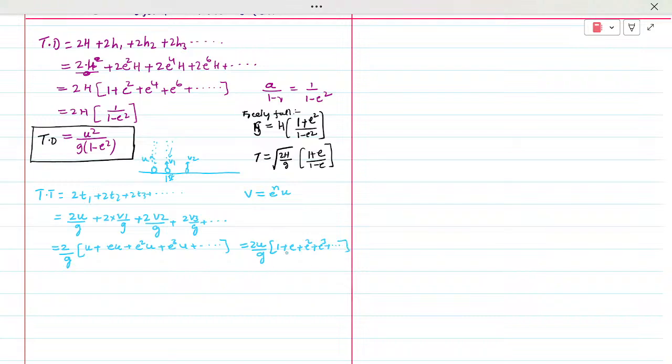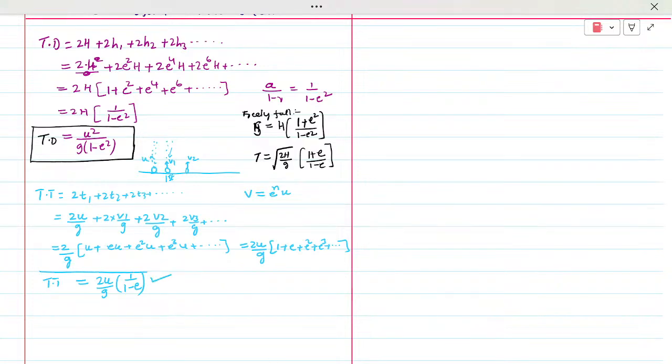This is also in GP with common ratio e. So total time is 2u by g into 1 by 1 minus e. You can understand this, right? So this is the answer.